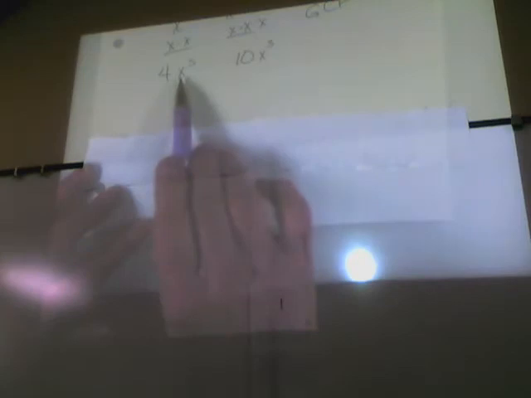Okay, now let's do it with numbers and letters. The greatest common factor of 4x to the 5th power and 10x to the 3rd power. So you're going to need to find the greatest common factor of 4 and 10, and then the greatest common factor of x to the 5th and x to the 3rd. 4 would be 2 times 2, 10 is 2 times 5.